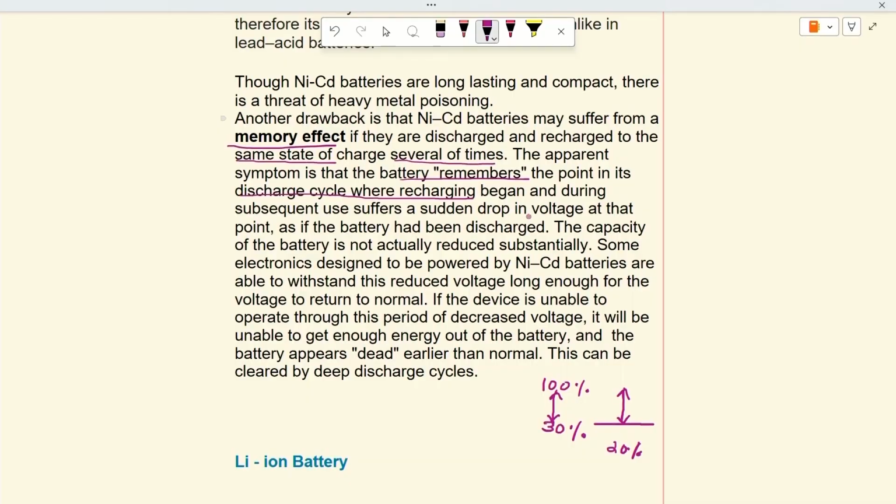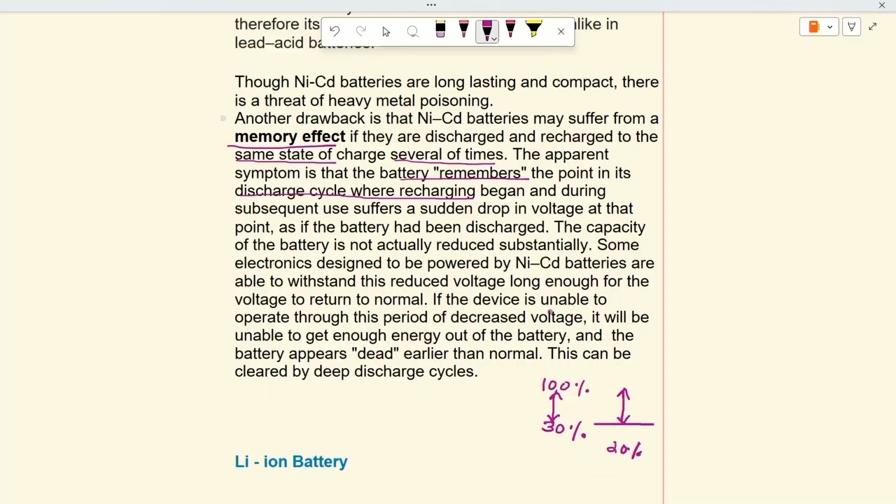That is what the battery remembers, and once it drops to this voltage and current density, the battery appears to be dead; you cannot derive more charge from it. Okay, this effect is known as the memory effect. This is seen in nickel cadmium batteries.